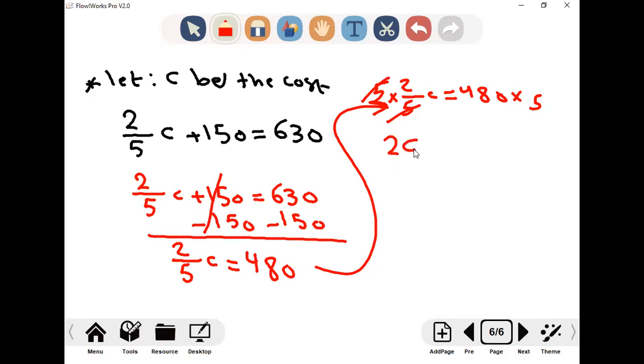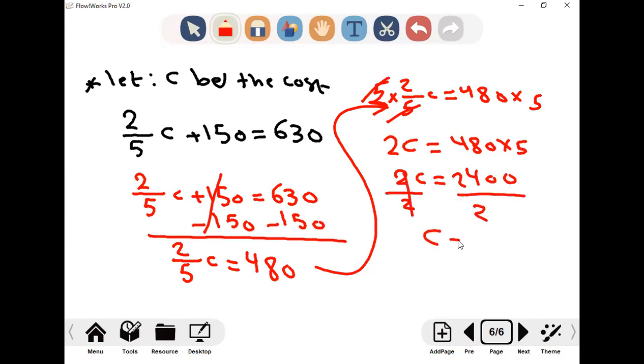Multiply 480 by 5. 2C equals 2,400. Are you sure? Yes. Now I'll divide by 2. C equals 1,200. This is the cost which they need. Okay. Done.